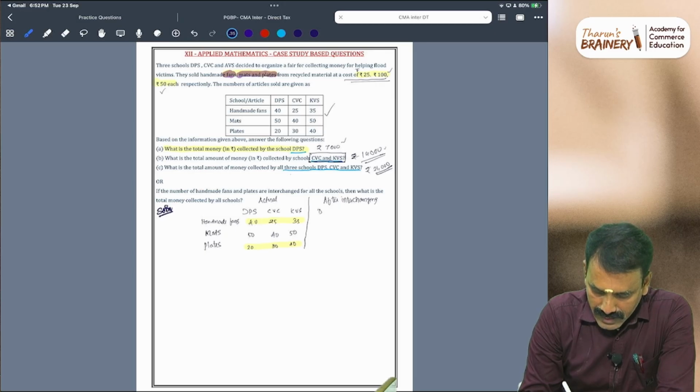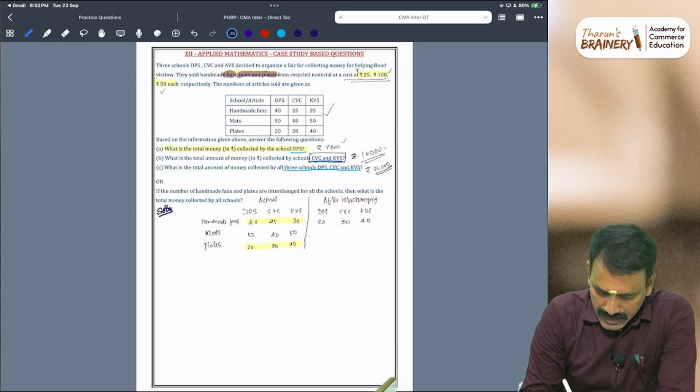Now DPS, CVC, KVS: it is going to be 20, 30, 40 and this remains the same, 50, 40, 50.